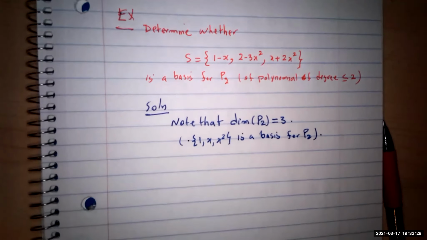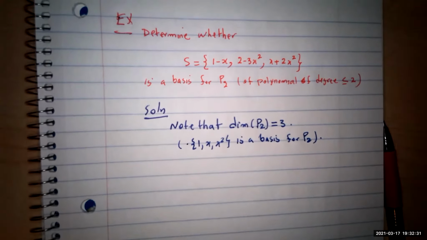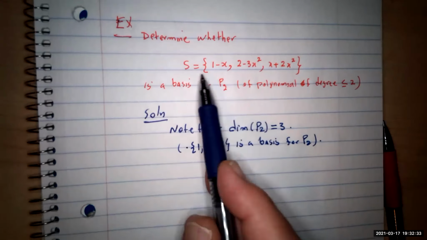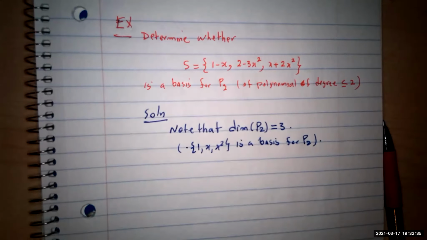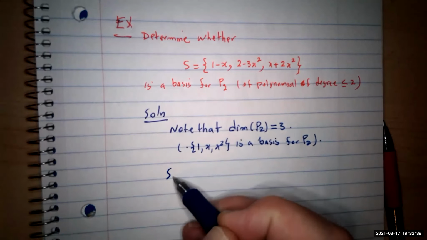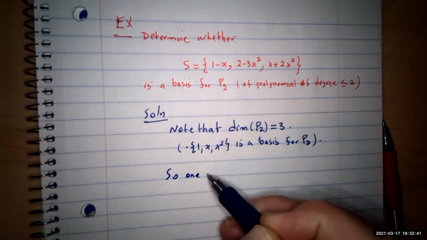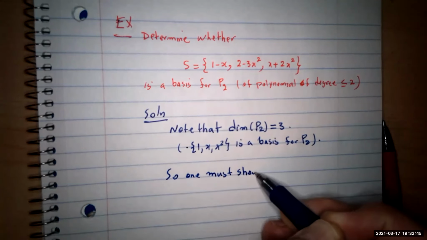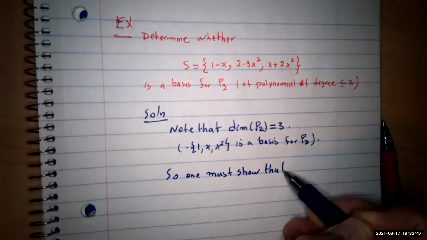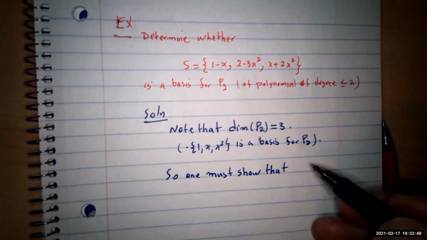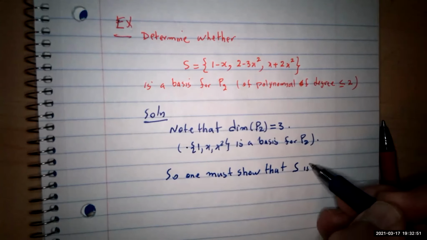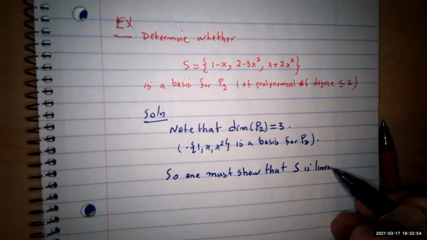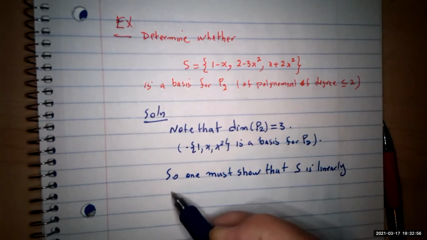So this means you need 3 vectors, and you have to prove again that this is going to be linearly independent. So show that S is linearly independent.